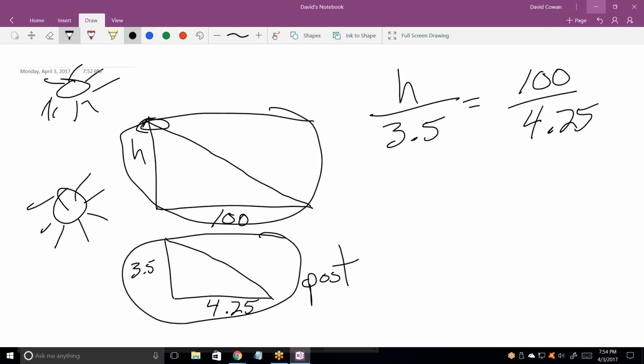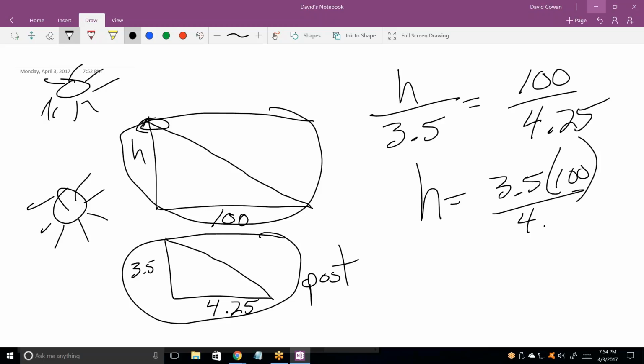Yeah, and that gives you h. So h is equal to 3.5 times 100 divided by 4.25. Whatever that number is, if you have a calculator, go ahead and come up with it. I don't really care. In other words, I am never interested in the final answers. I'm only interested in how you set it up.